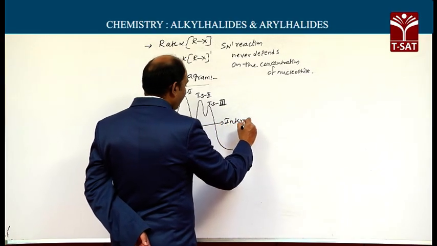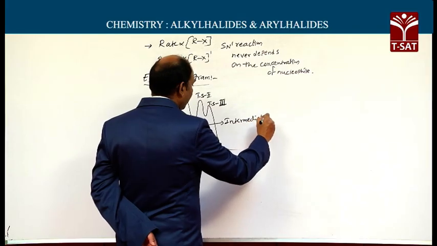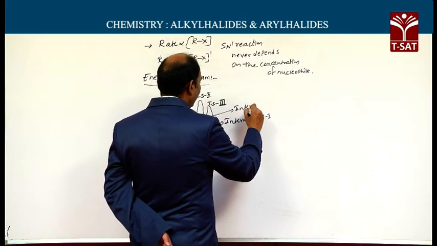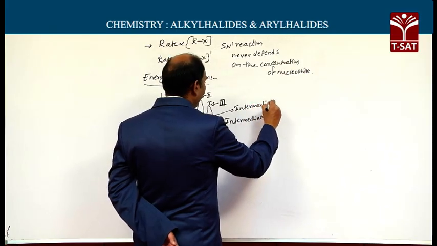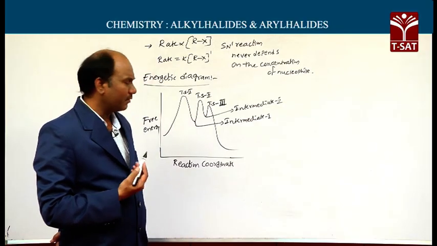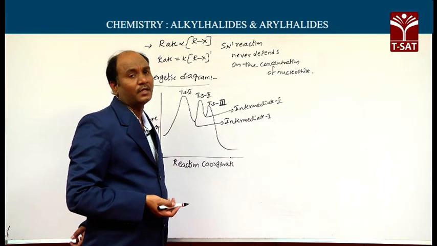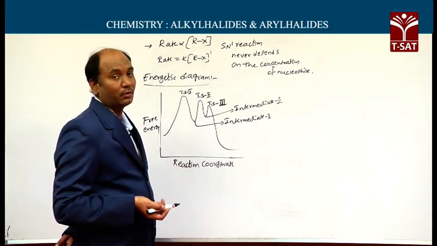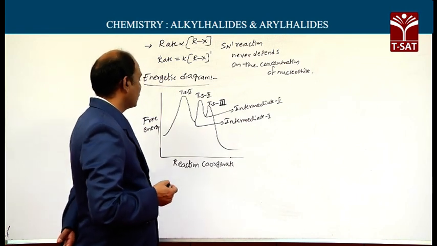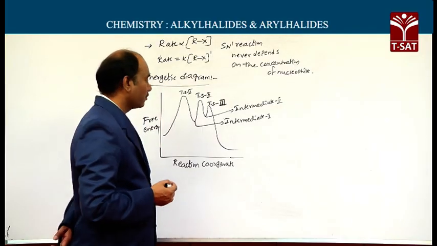This is intermediate 1, and here intermediate 2. యాక్చువల్గా మనకు మ్యాక్సిమం రియాక్షన్లో ఇంటర్మీడియట్ 1నే కన్సిడర్ చేస్తాం, ఇంటర్మీడియట్ 2ను కన్సిడర్ చేయం. కానీ ఇందులో పర్టికులర్ రియాక్షన్లో 2 ఇంటర్మీడియట్స్ వస్తున్నాయి. ట్రాన్సిషన్ స్టేట్ 1 ఏంటి, ట్రాన్సిషన్ స్టేట్ 2 ఏంటి, ట్రాన్సిషన్ స్టేట్ 3 ఏంటో చూద్దాం.